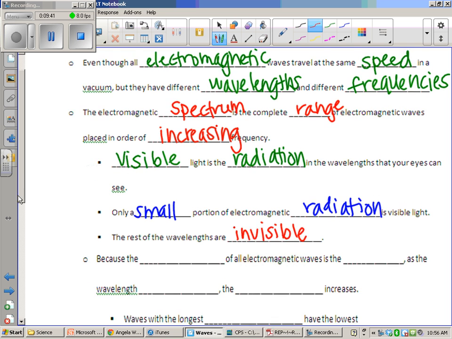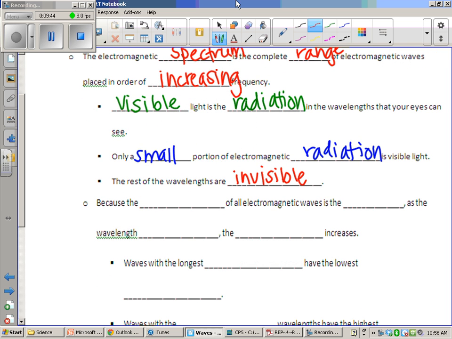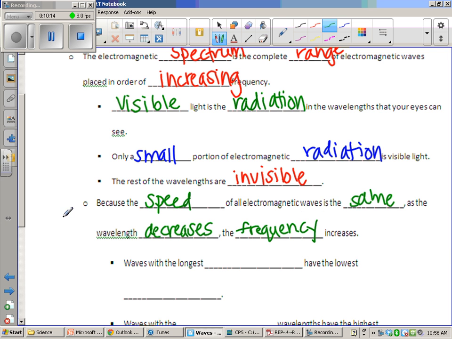Now, because the speed of all electromagnetic waves is the same, as the wavelength decreases, then you will know that the frequency will increase. Okay, so the shorter your wavelength, the higher the frequency of your waves.